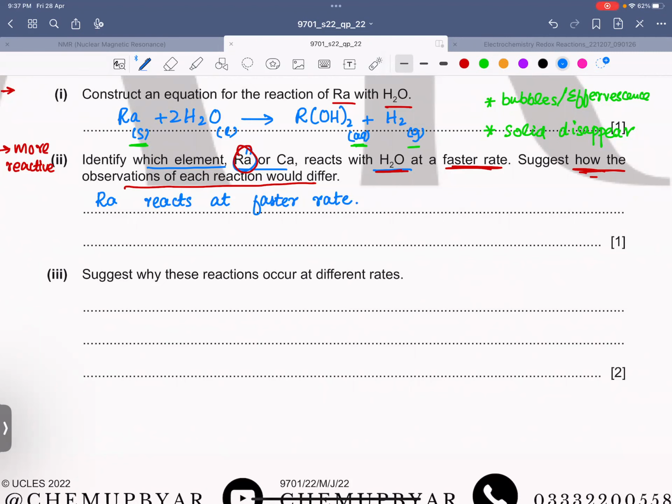Either we can write that solid disappears more quickly, or you can write more bubbles per unit time, because we are talking about rate, right? So more bubbles per unit time observed.